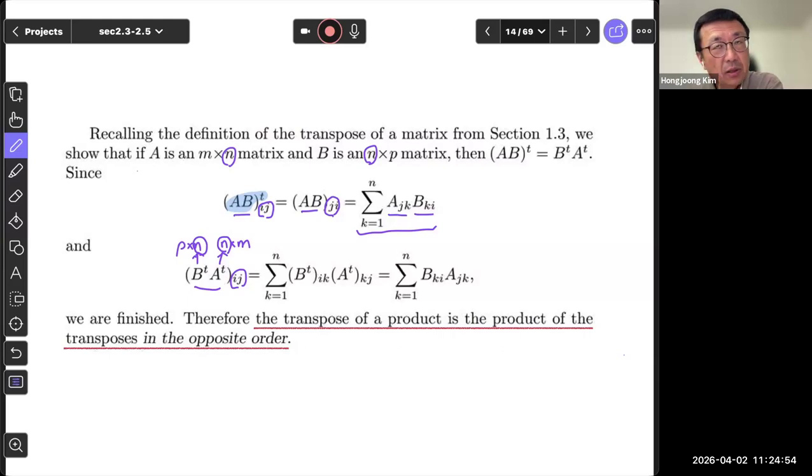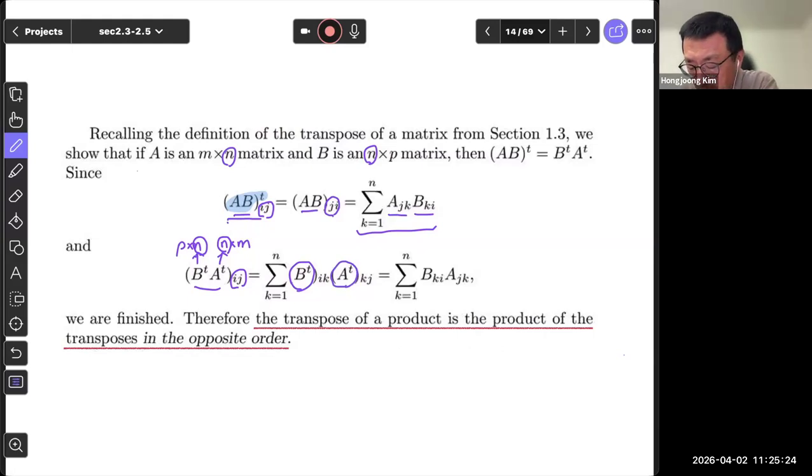As I said, even though we can multiply A times B, that does not mean we can define B times A. But anyway, we can consider B transpose times A transpose. So the ith row, jth column entry of this will be the ith row entries of the first matrix multiplied by the jth column entries of the second matrix, and then you need to add them.